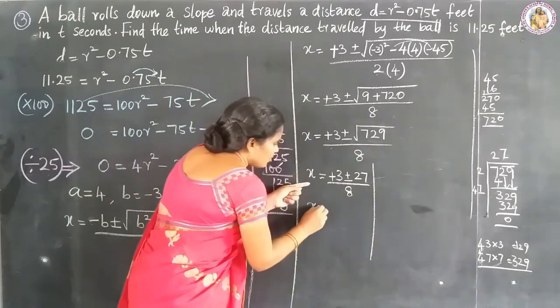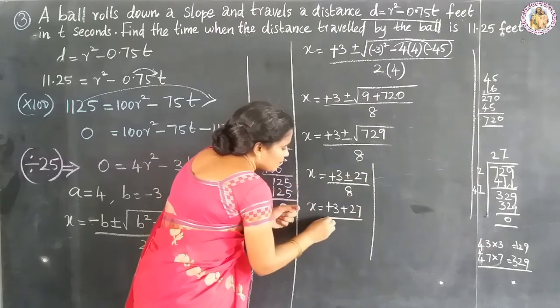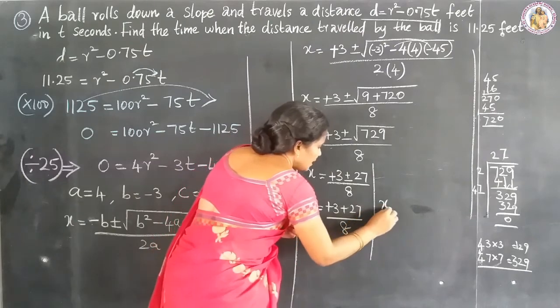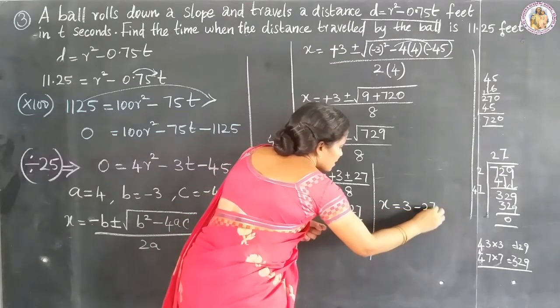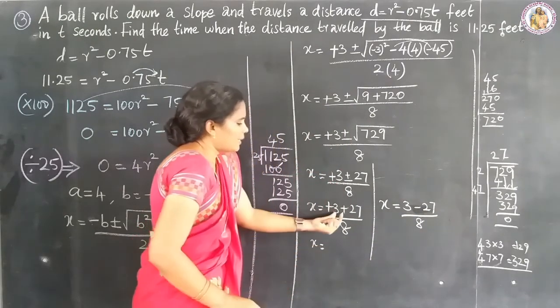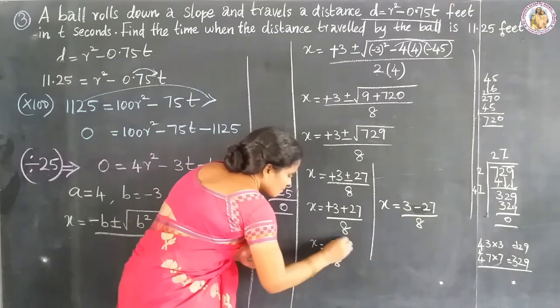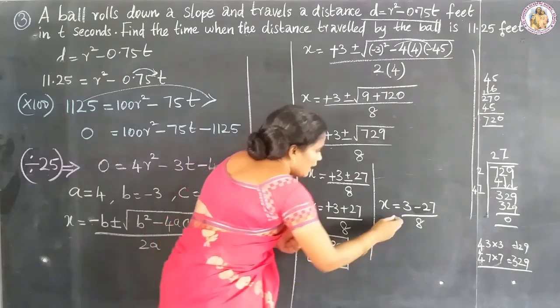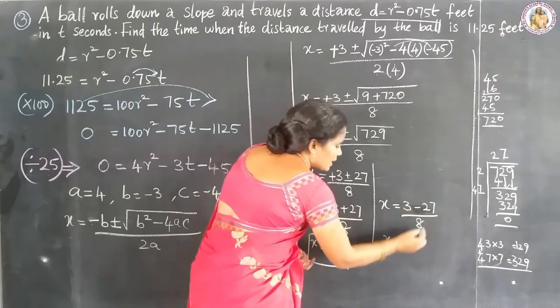Now x is equal to plus 3 plus 27 divided by 8. The other side x is equal to 3 minus 27 divided by 8. So x is equal to 27 plus 3, 30, 30 by 8. And here x is equal to 27 minus 3 is 24.